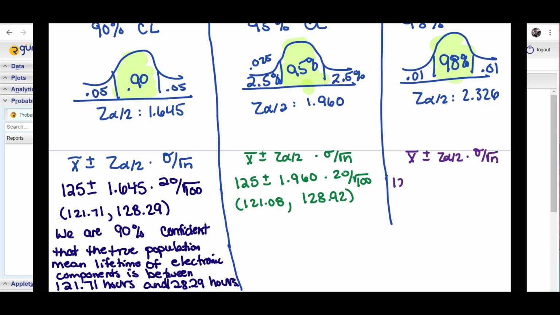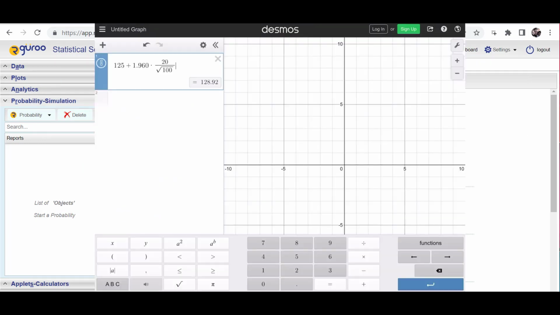All right, so let's do one more. So we have 125 plus or minus, the critical value for 98 was 2.326 times 20 over the square root of 100. Just going to change the critical value there, minus 2.326. And we get 120.348.